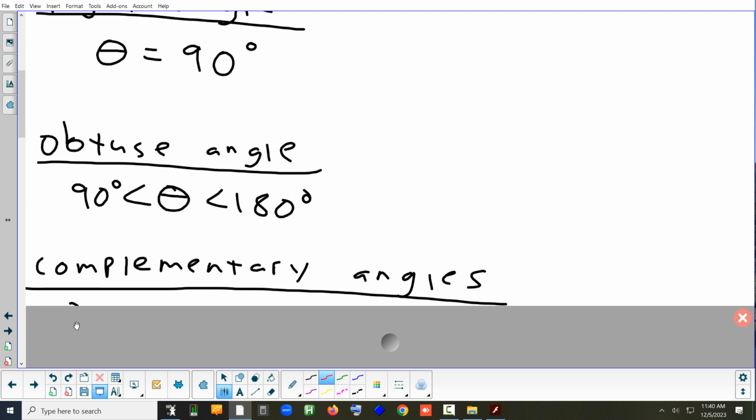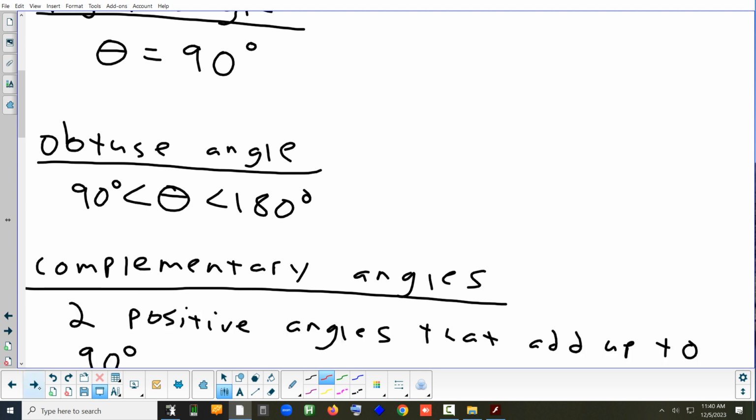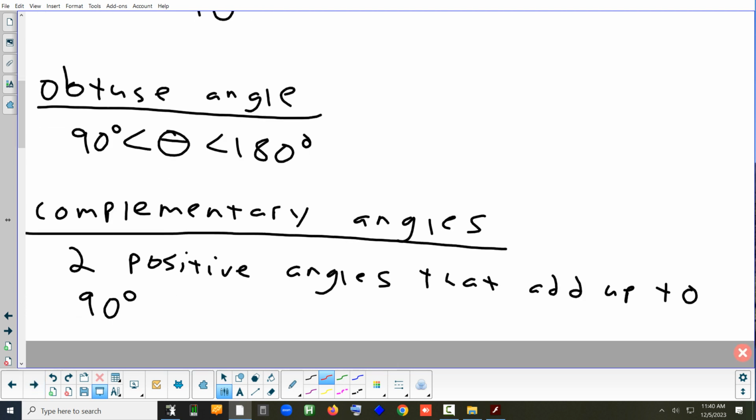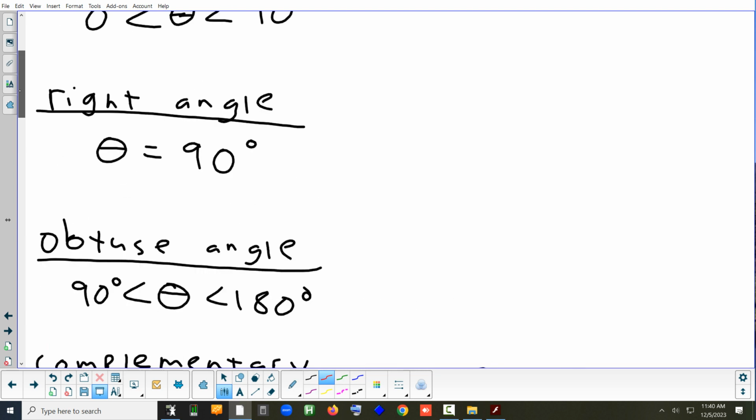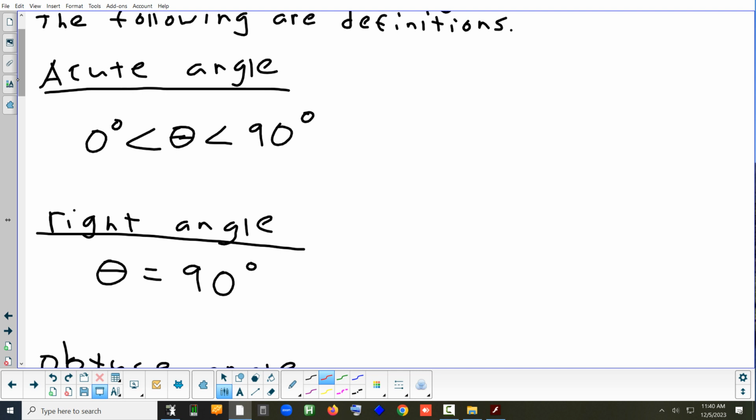So if you had a negative 10 and a 100, those add up to 90, but they're not complementary. Complementary angles have to be positive angles that add up to 90. What's another way to say that? Instead of saying two positive angles that add up to 90, you could just say two acute angles, because the word acute, by definition, means positive.